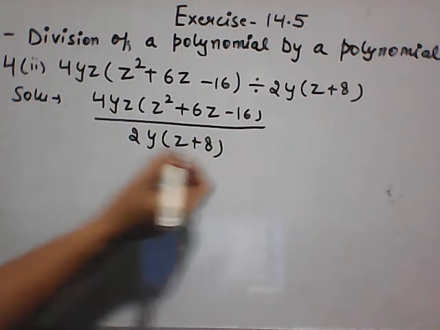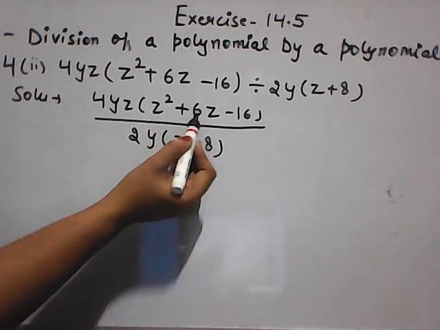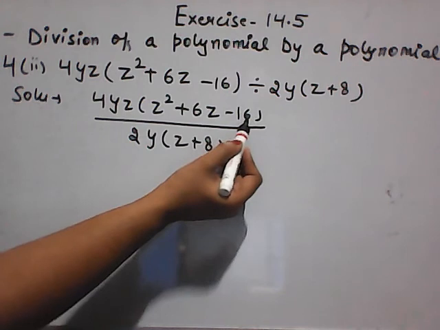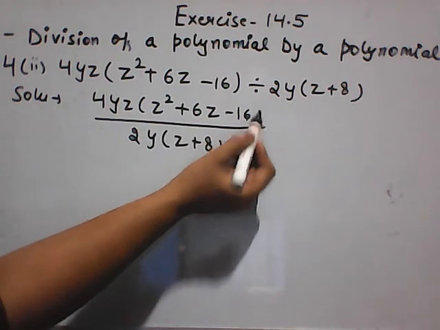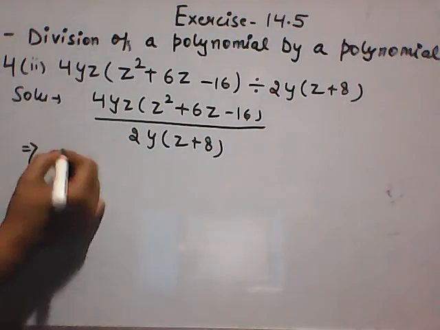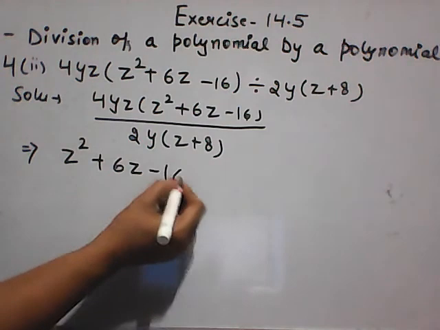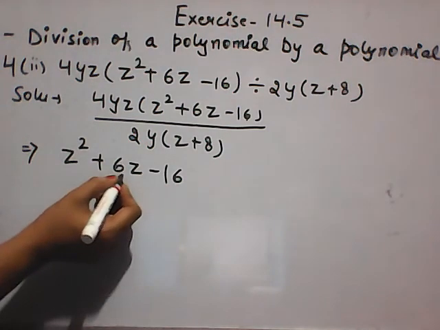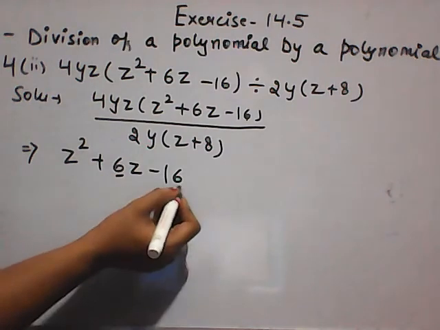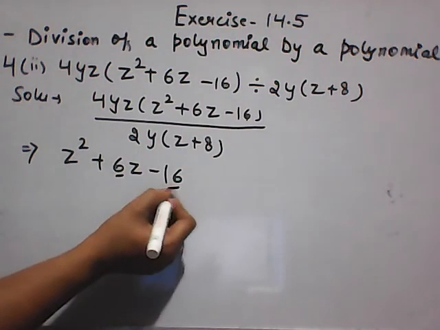Now, in the numerator, we are given z square plus 6z minus 16. So, we can factorize this expression. We have to factorize z square plus 6z minus 16 in such a way that the sum of two numbers should be equal to 6 and the product of these two numbers should be equal to minus 16.